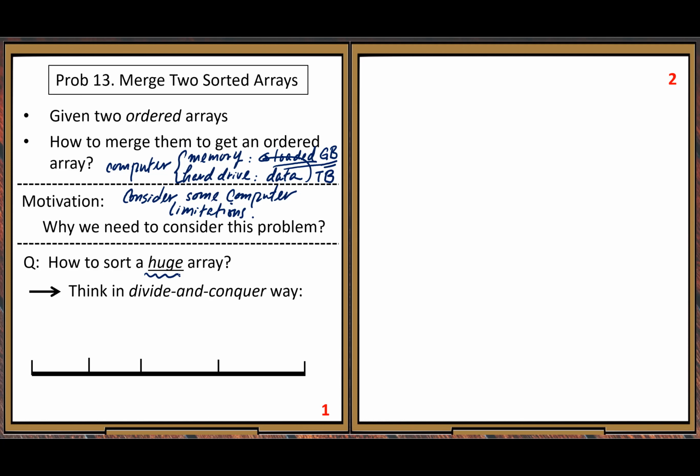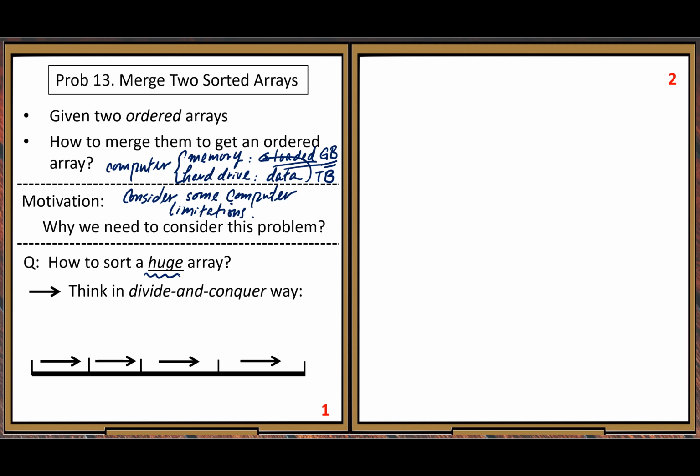Then we can apply some sorting algorithm to sort each subarray. After we load each subarray, we just run our usual sorting algorithm and get it sorted. So you can imagine each subarray is sorted in order.